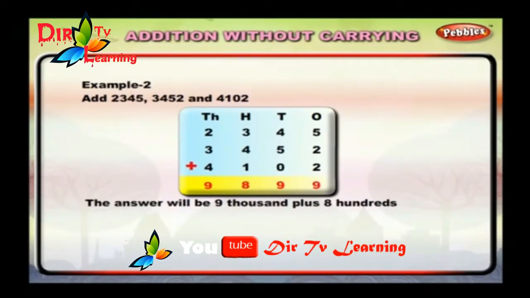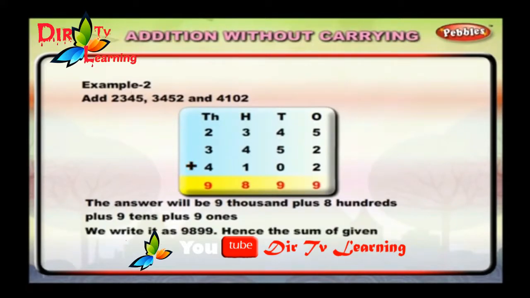The answer will be 9,000 plus 800 plus 9 tens plus 9 ones. We write it as 9,899. Hence the sum of given numbers is 9,899.